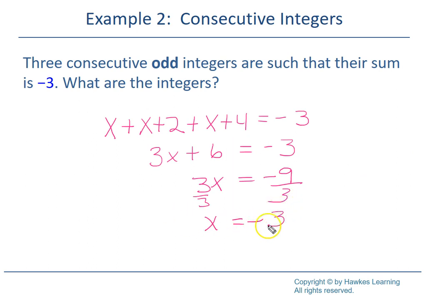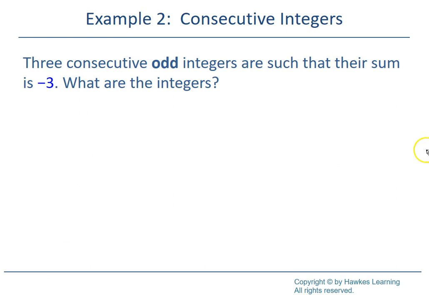So this is your first integer. So negative 3, we're going to add 2, that is negative 1. We're going to add 2, that's going to be a 1. So these are your 3 consecutive odd integers. And if you add them up, these just cancel out and you end up with a negative 3. So that one worked.